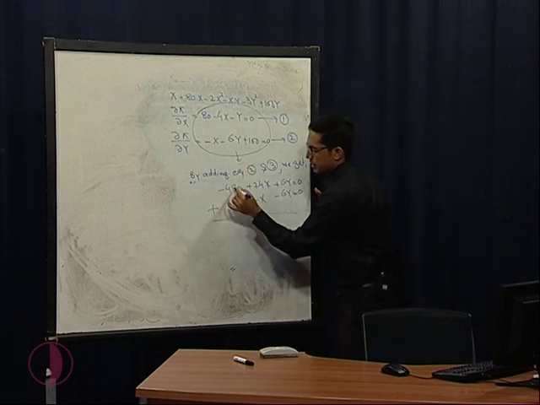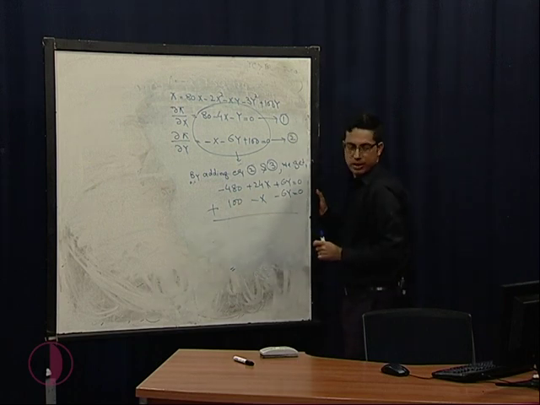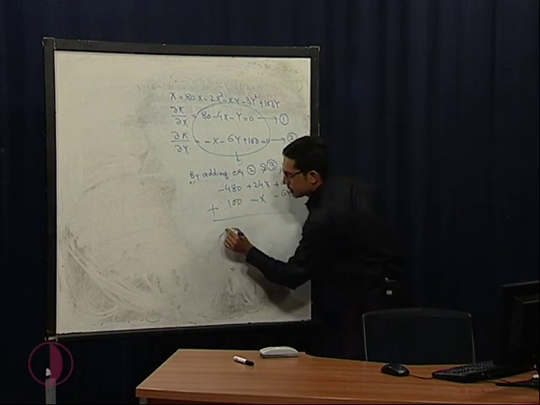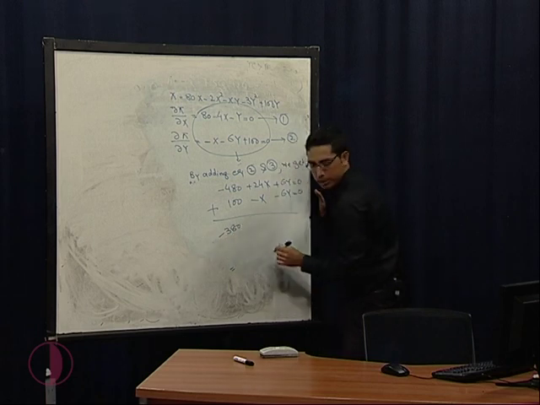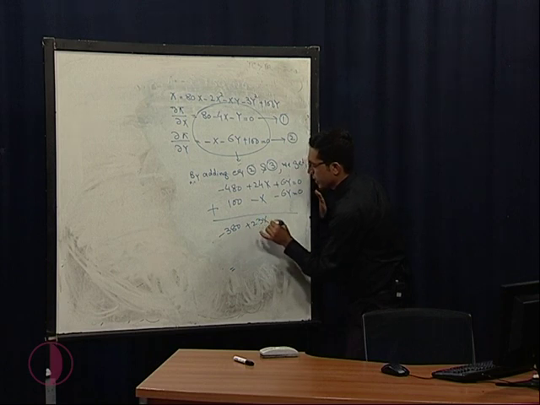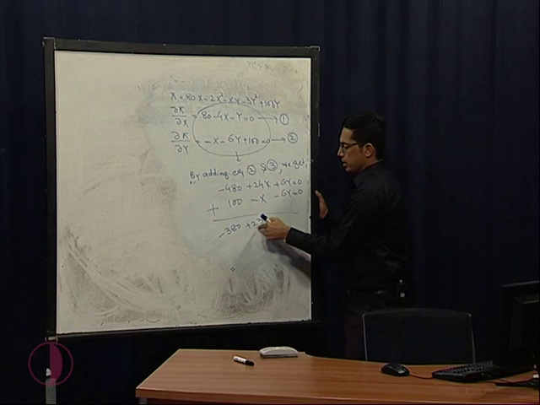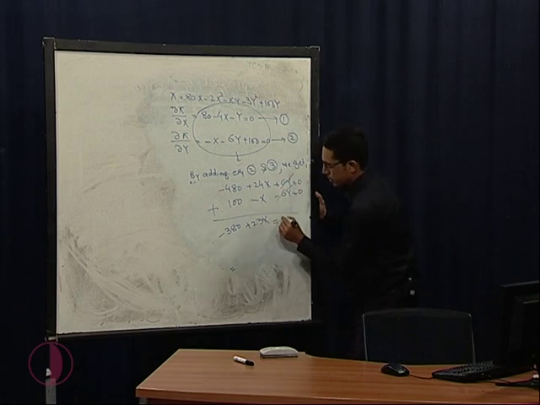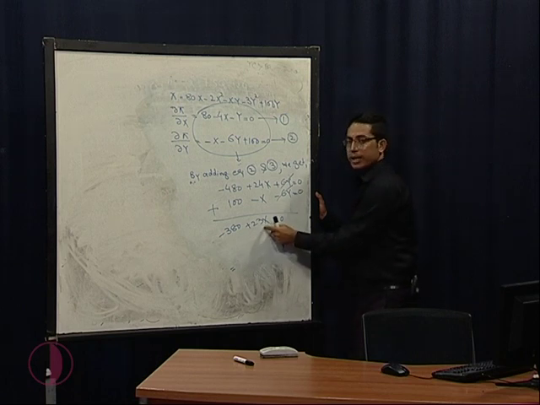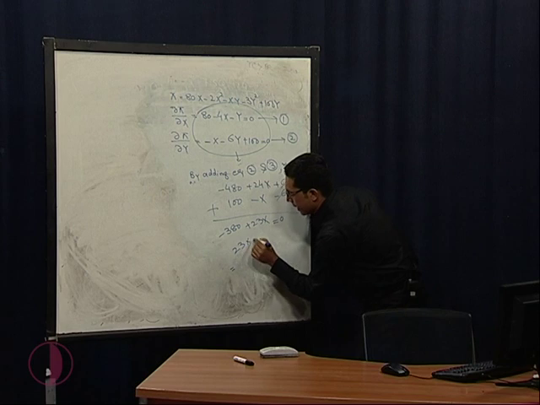So if we add minus 480 with 100, we get minus 380 plus 23x. This is 24, here is minus 1, so plus 23x. Y will cancel out, equal to 0. From here we can find x. So 23x is equal to 380.